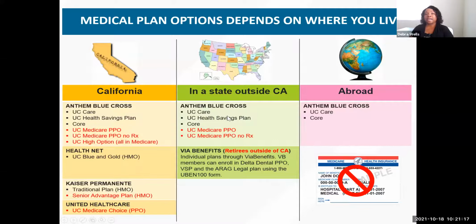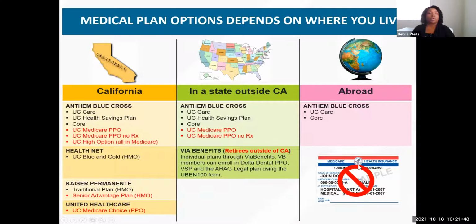Now, once your entire family is eligible for Medicare and you're living out of state, you'll then go through VIA Benefits to select your supplement plan and your prescription drug plan. I'll go over that more later. Now, if you're living abroad, remember I said that the university allows you to delay your enrollment or cancel your enrollment because they know Medicare does not cover anything abroad.